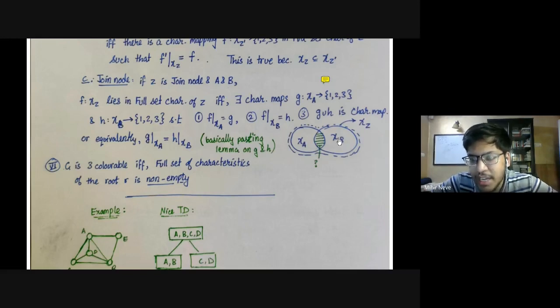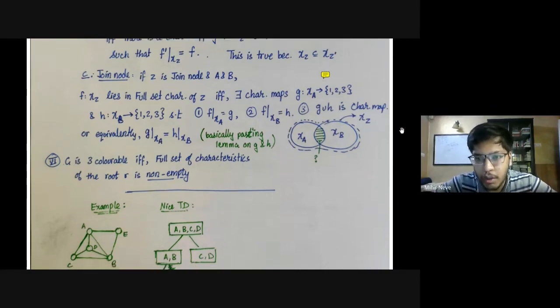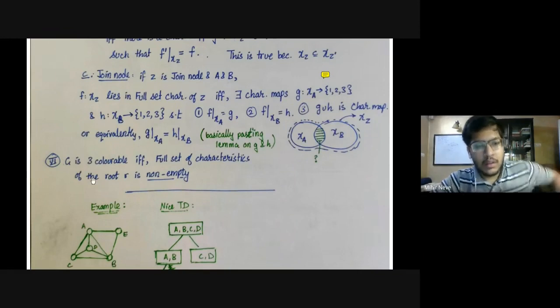So the next check that I want is that for every u in chi-a and v in chi-b, if uv is adjacent, then the coloring of u and the coloring of v are different. If these two properties are satisfied, then I can say that that particular coloring of chi-z is a characteristic for the join node z.